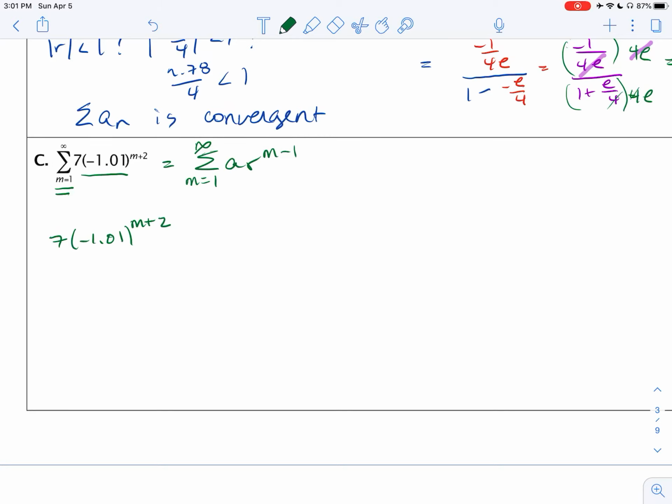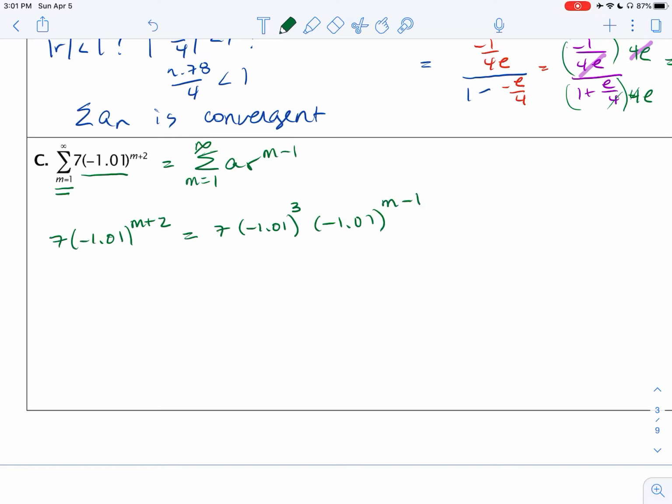If you wanted to play with these, this is just another example, but I can tell you now that because of that base of that exponent, we're probably going to get divergent because the absolute value of minus 1.01 is not less than 1. But in playing with it, we could say that this is equal to 7 times minus 1.01 to the third power times minus 1.01 to the m minus 1, right?